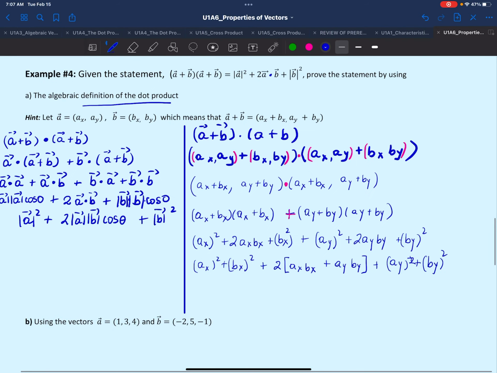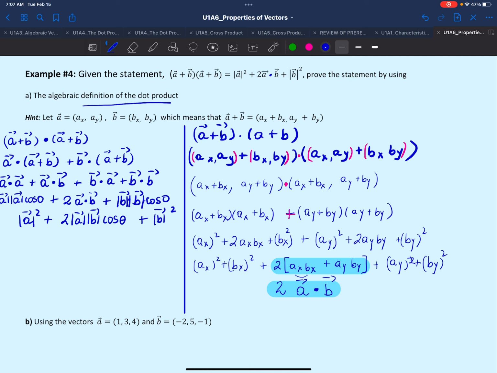So when you look at this term in here in the middle, AX BX plus AY BY, that reminds you of the dot product of A and B, because that's what you get in dot product. So we're going to say 2A dot B. So that's where this term here went. So this one is the same as this. Now remember that AX squared plus BX squared, AY squared plus BY squared can also be rearranged.